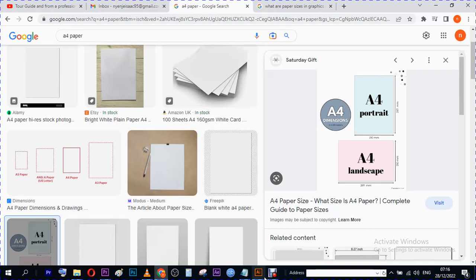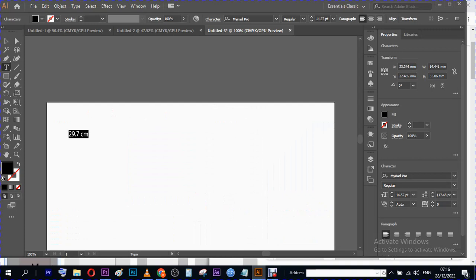So we go back here. We are trying to look at the different paper sizes that we should expect in the printing world. An A0, that is what we would start with. We have an A0.